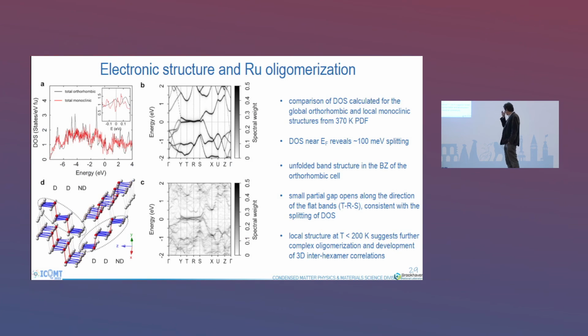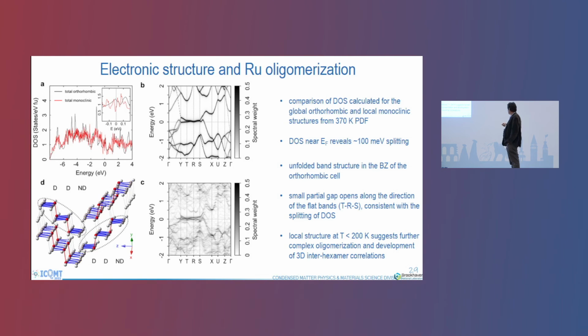Okay, so this is my last slide. The comparison of the density of states calculated for the global orthorhombic and local monoclinic structure from the 370 Kelvin refinement reveals that there is, near the Fermi level, a splitting of the order of 100 meV in the distorted structure.